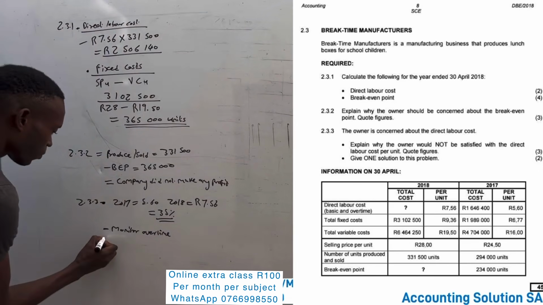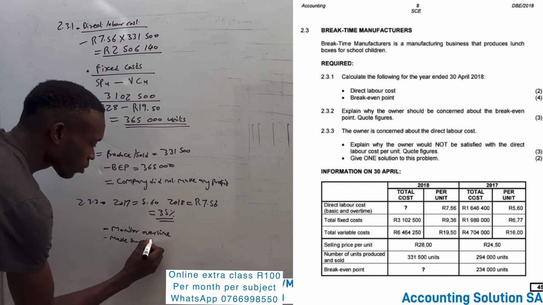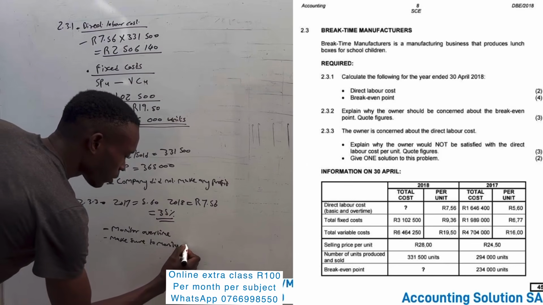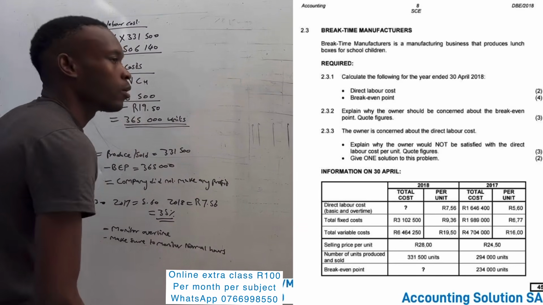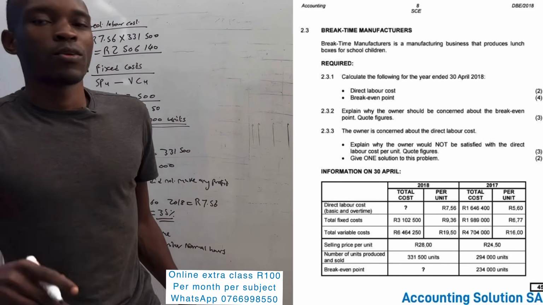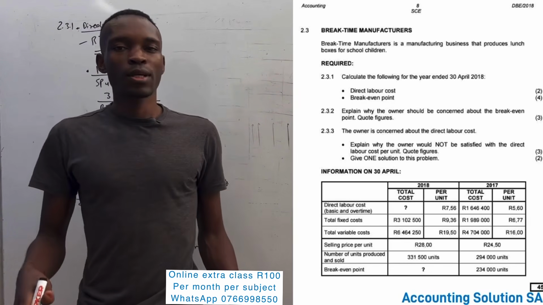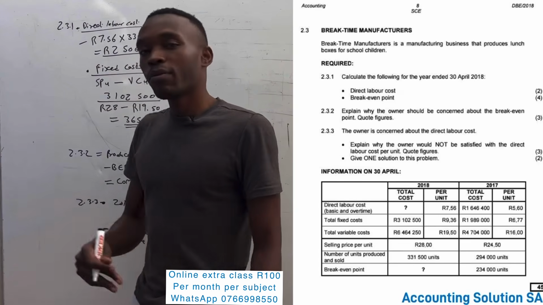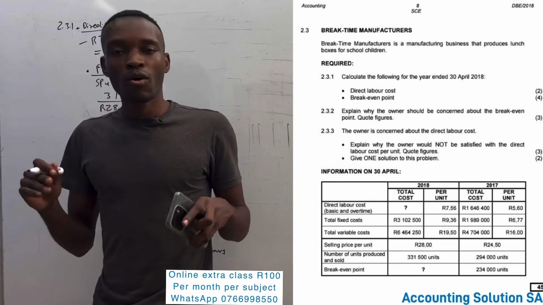Number 2, make sure to monitor normal hours. In other words, guys, you can find that during normal time, these people are not working, they are just chilling without producing anything, and they are just getting paid. So there must be someone who is monitoring whether these people are working or not.